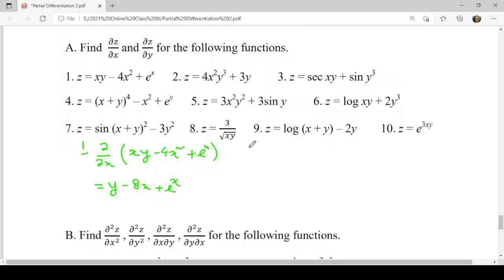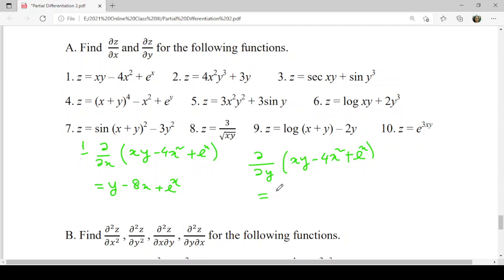And what about del/del y? Del/del y of xy minus 4x square plus e to the power x, and this will be what? This is with respect to y.